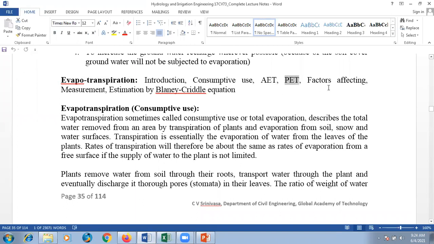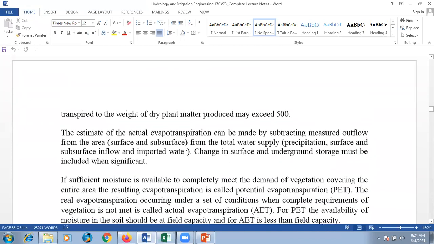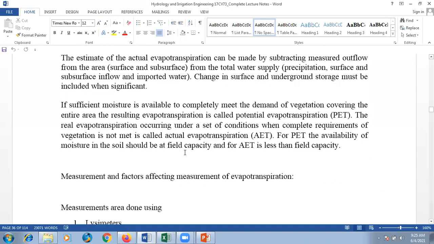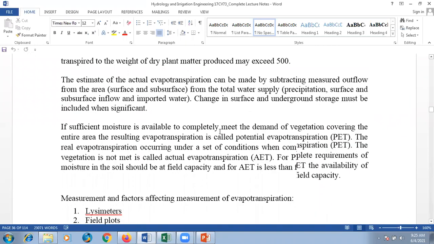Then what are the various factors affecting this? We have also discussed how the evapotranspiration needs of a plant would be affected. Without much thought, you can easily say that temperature, wind, etc. are the ones which will greatly influence the requirement of water by the plant. Other than that, there are a variety of other things.